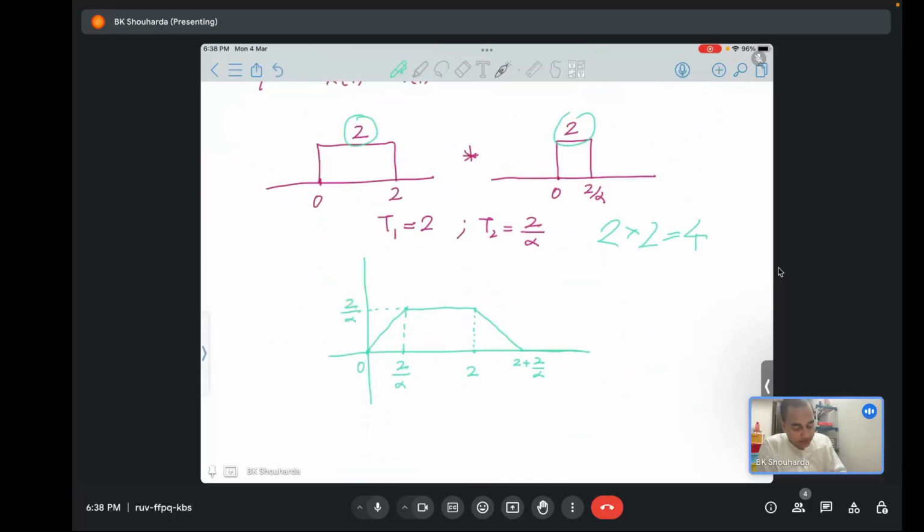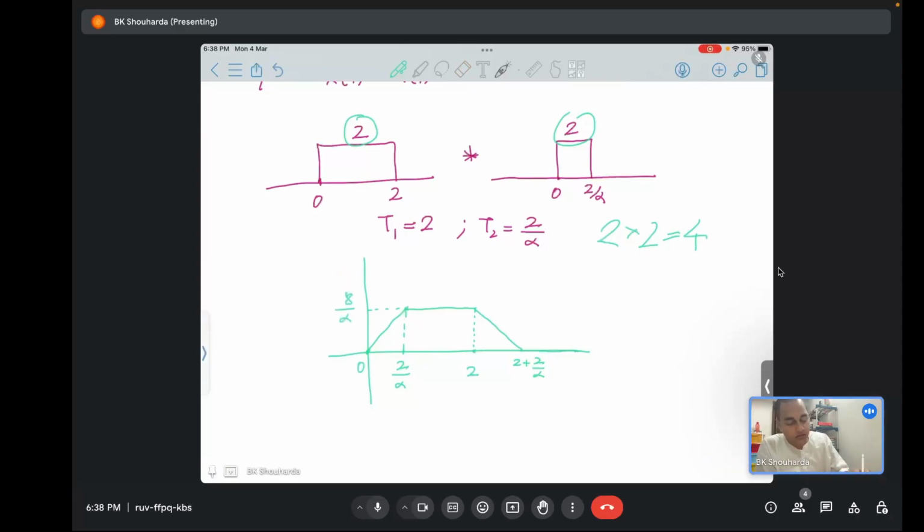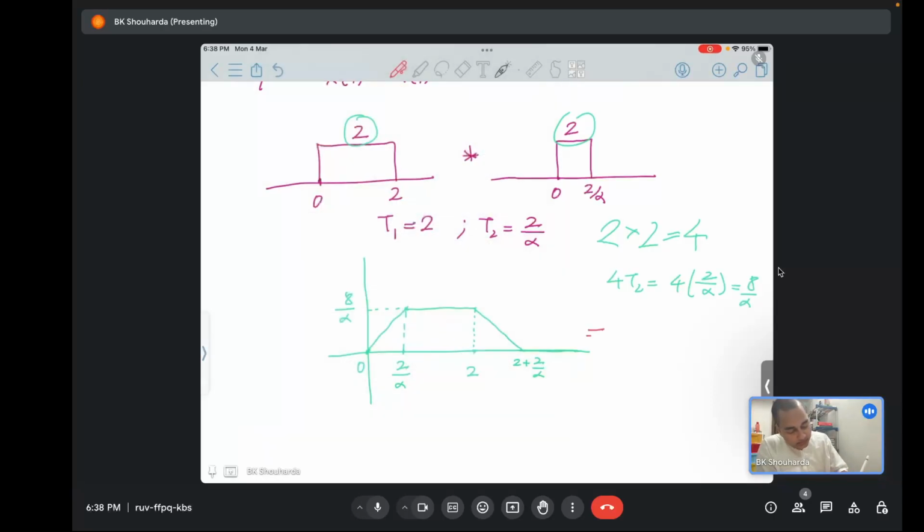This amplitude will simply get magnified by 4, so it was 4 times t2, where t2 is 2 upon alpha, so it becomes 8 upon alpha.